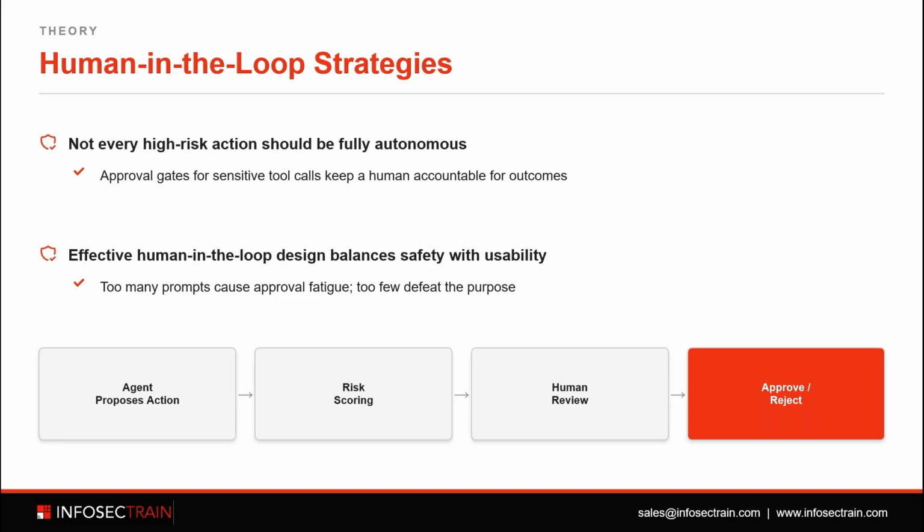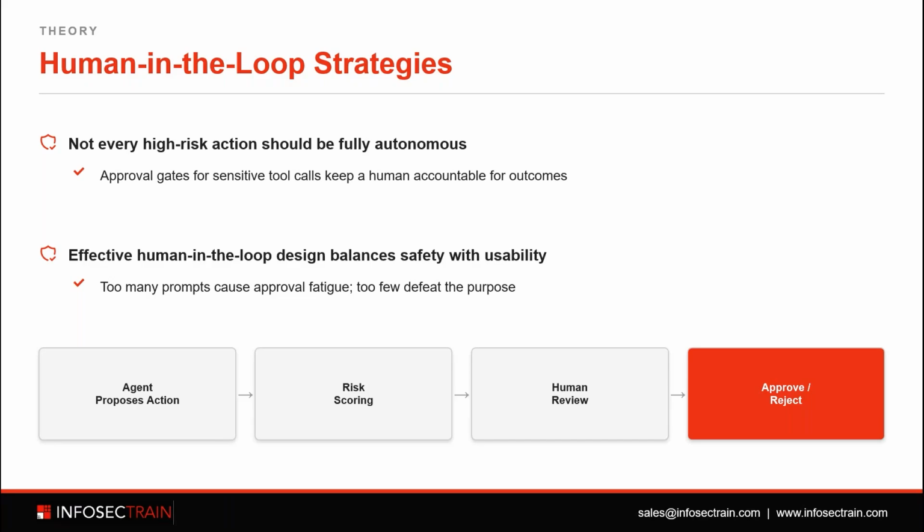So why does human in the loop matter in AI security? AI systems are probabilistic, as we have discussed. They're not deterministic, so they can hallucinate, misinterpret, or be manipulated. Human in the loop ensures that critical decisions like medical, financial, security are reviewed before execution.